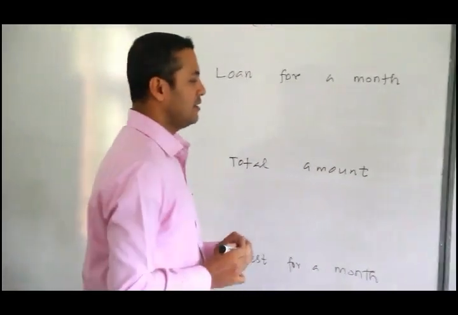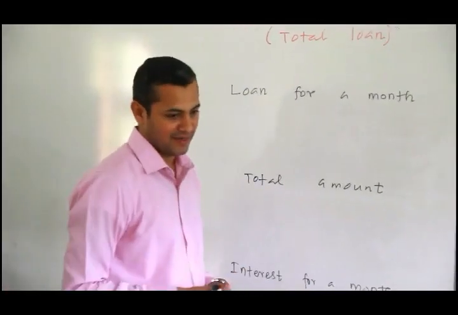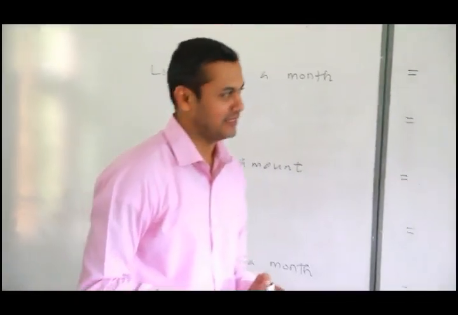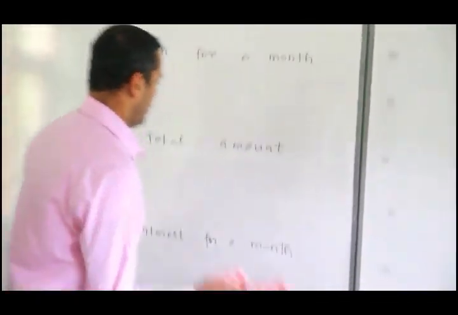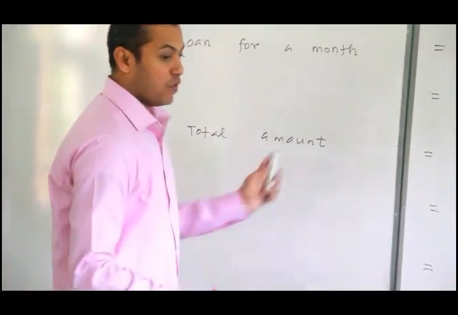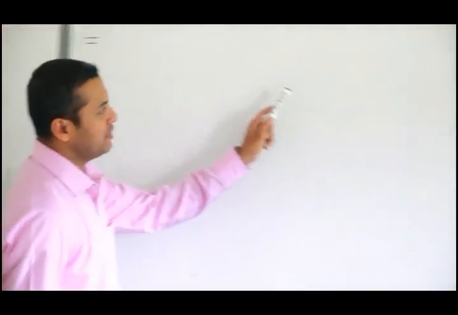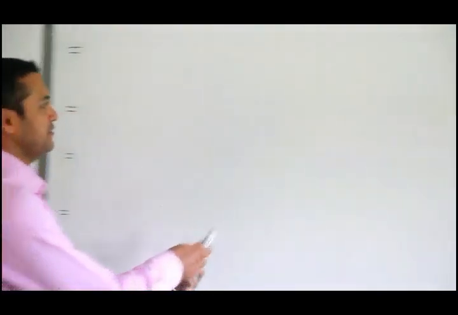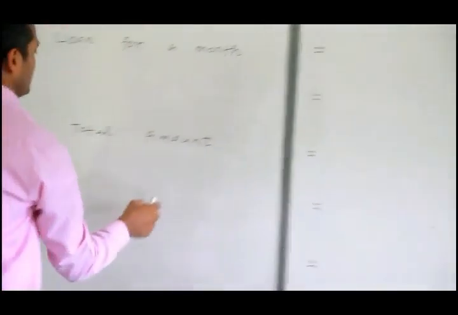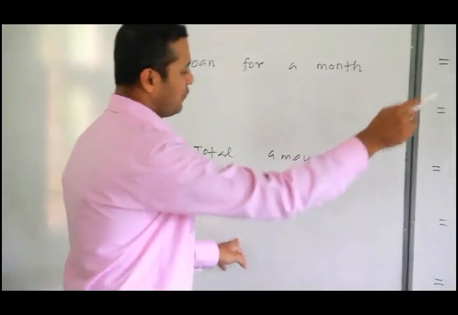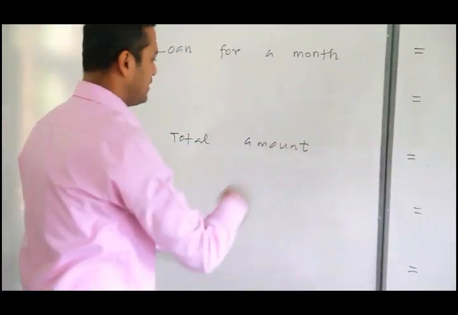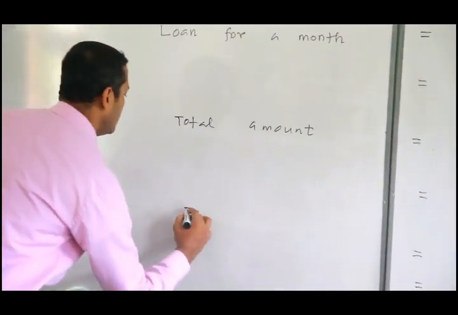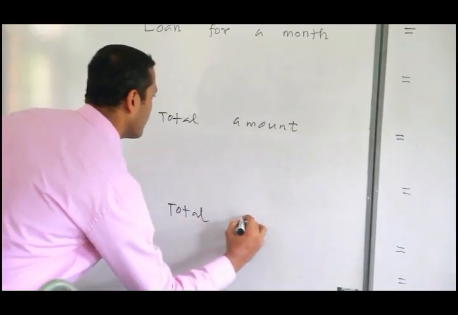Alright. Then the 4th step also changes. You know, the 6th step was total interest, you remember? We are going to shift that 6th step to the 4th step, right? So this will be total interest.